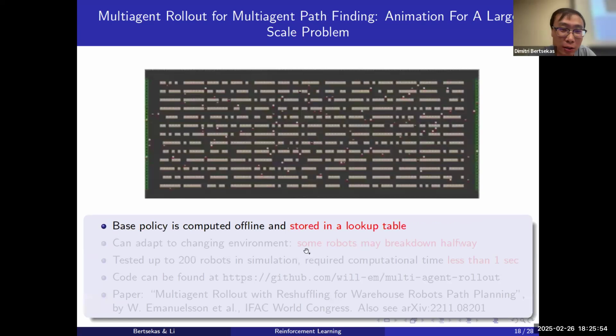All right. So let's look at the problem considered in this paper, where the base policy is, as I mentioned, the shortest path from the agent to the target, assuming all the other agents are not present. Given the character of the base policy, suppose we are focusing on this particular agent and all the others are not here.